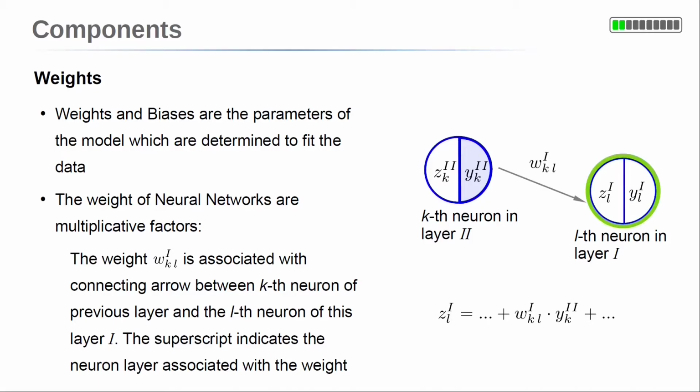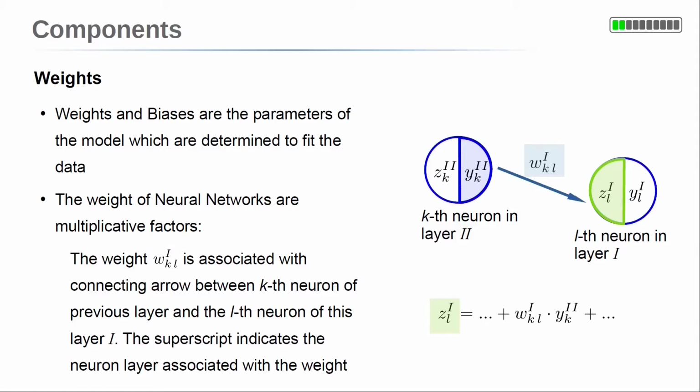This output is used as input of the l-th neuron in the next layer, here denoted by the layer superscript 1. The output of the second layer is multiplied by a weight parameter wkl with the superscript 1, indicating that it belongs to the layer number 1. The summation variable of this neuron is dl with superscript 1.